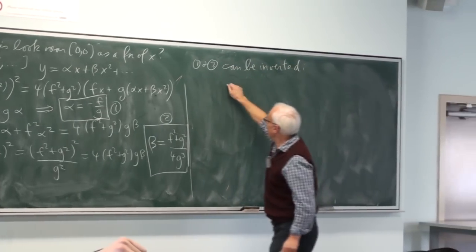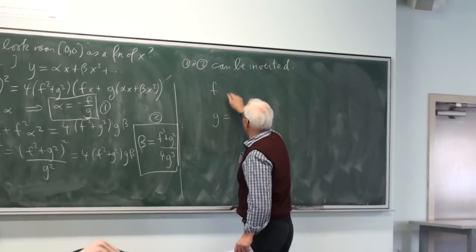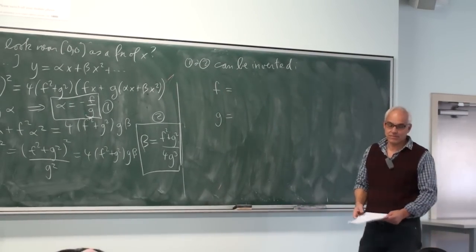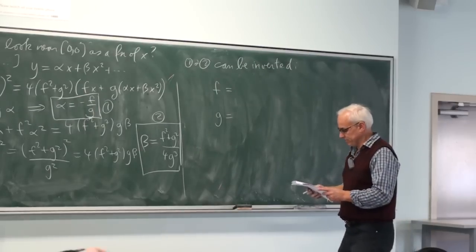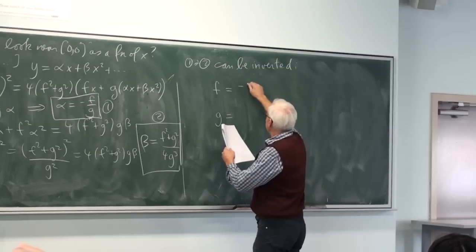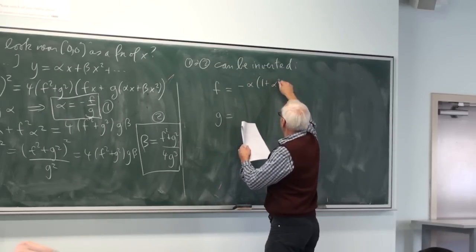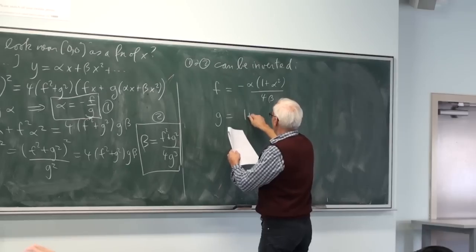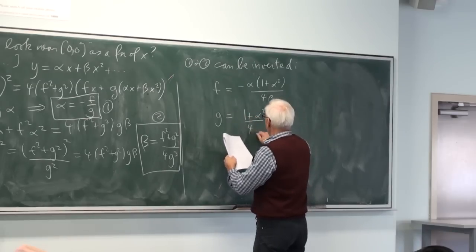In other words, we can solve for f and g in terms of alpha and beta. How do we do that? Well, I'll write down the formula. f is minus alpha times (1 plus alpha squared) all over 4 beta. And g is (1 plus alpha squared) over 4 beta.